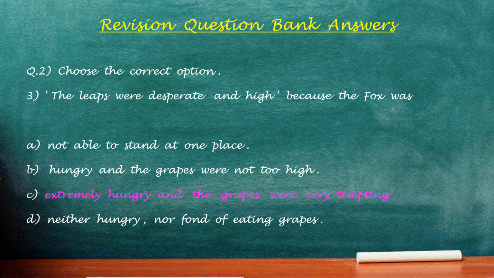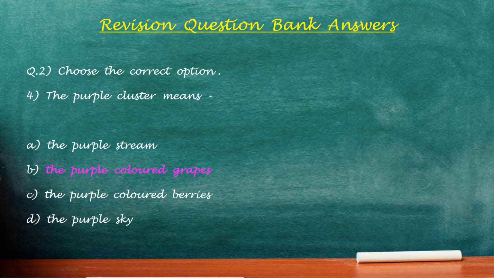Answer 3. The leaps were desperate and high because the fox was C. Extremely hungry and the grapes were very tempting. Sentence 4.